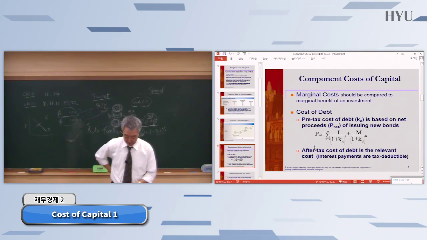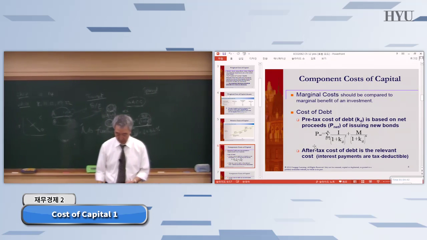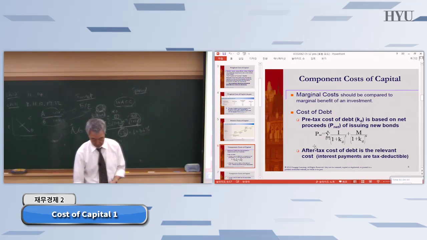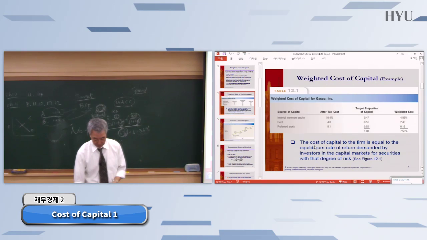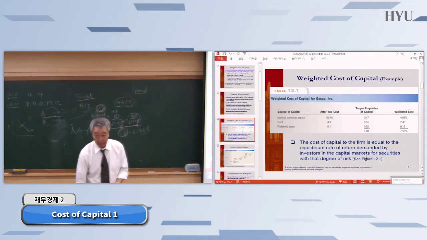After-tax cost of debt is the relevant cost. So as far as the cost of debt is involved, right? Because the interest payments on debt are tax deductible, right? So once you calculate KD, you have to multiply 1 minus T to calculate the after-tax cost of debt.